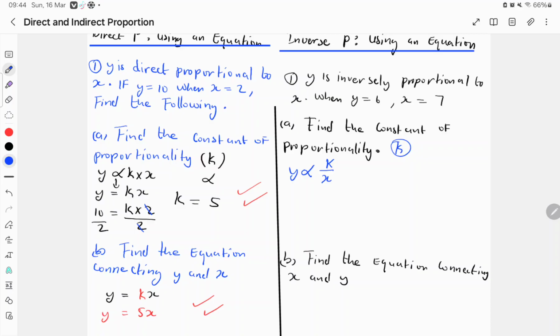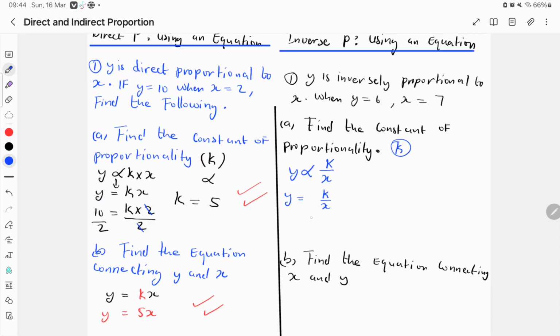You can see here that in the first one k was multiplied by x, but here k is divided by x. That's the difference. So that means y is equal to k over x.